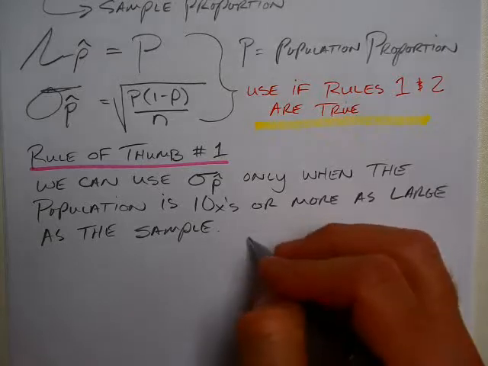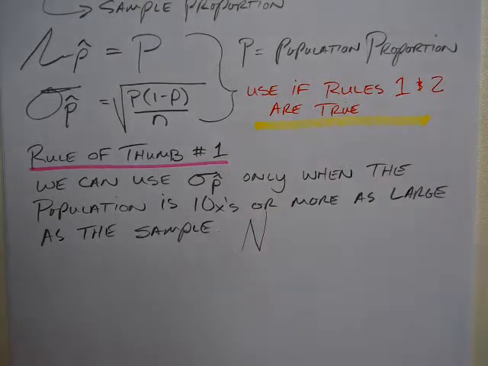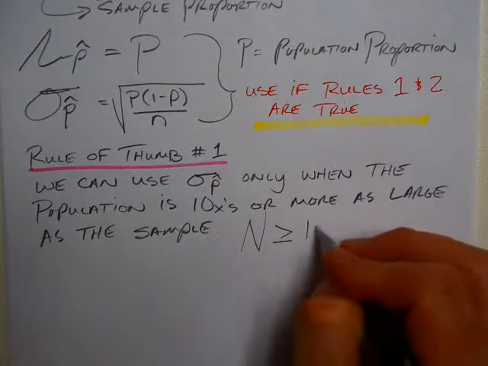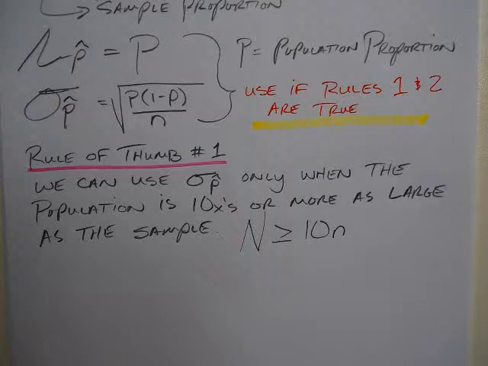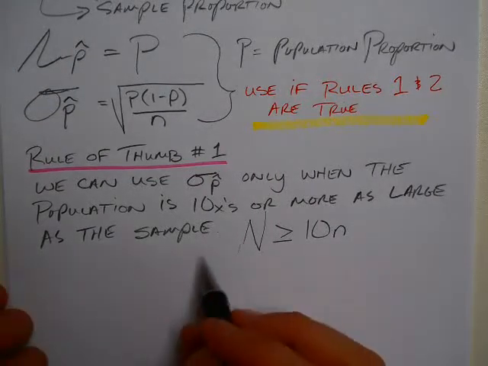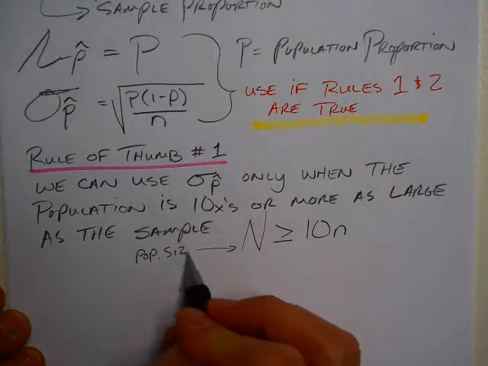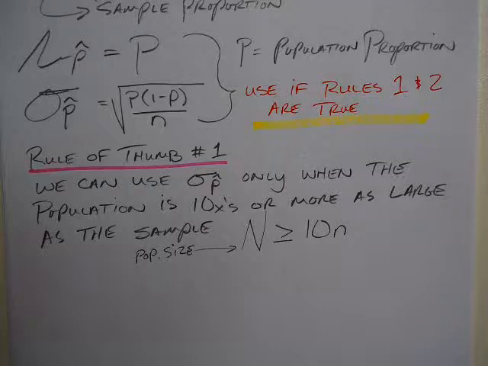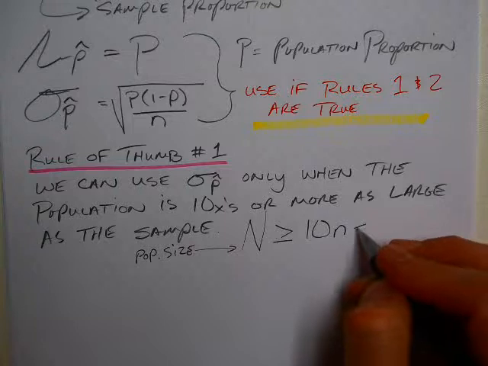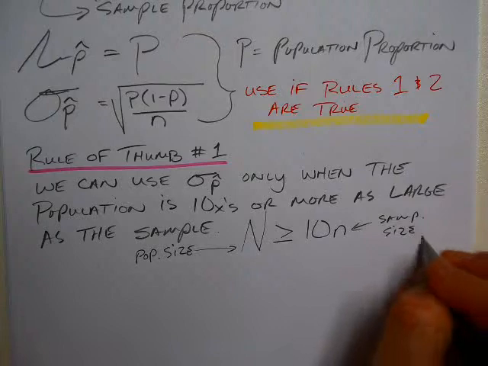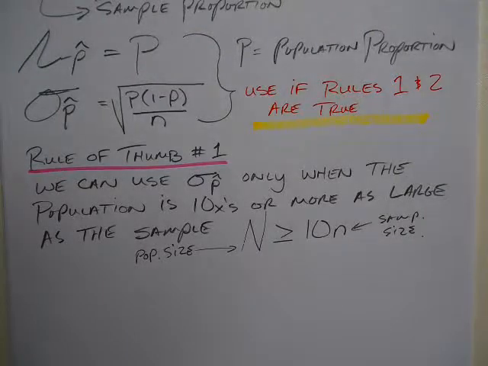So, in this case, big N, which is our population size, has to be greater than or equal to 10 times our sample size. Rule of thumb number 1.